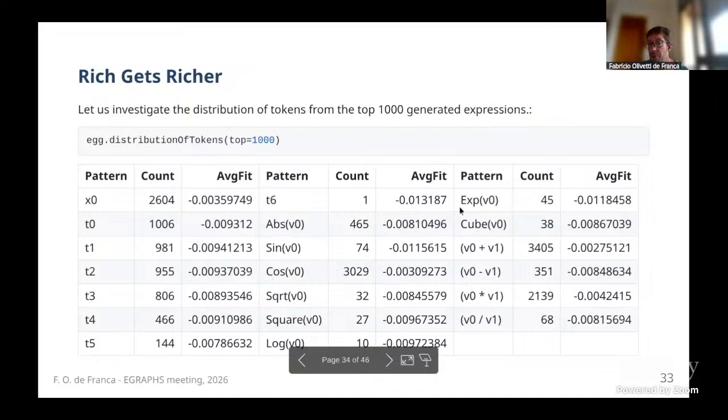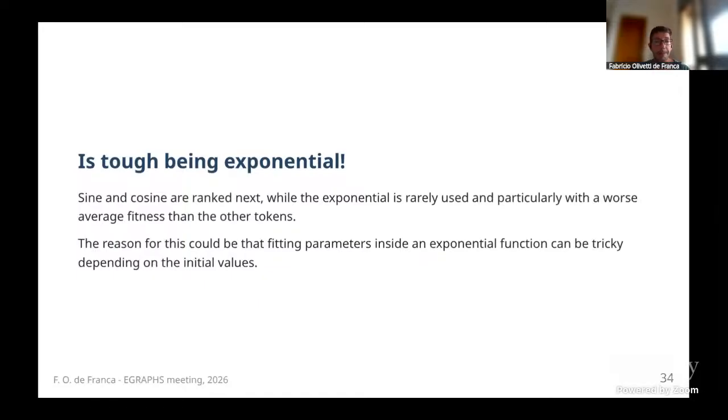On the other hand, the exponential was barely tested, but mainly because it induces something really bad here, a worse average fitness than the others. And of course, one curiosity is that the data set was generated by an exponential function, not a cosine or a sine.